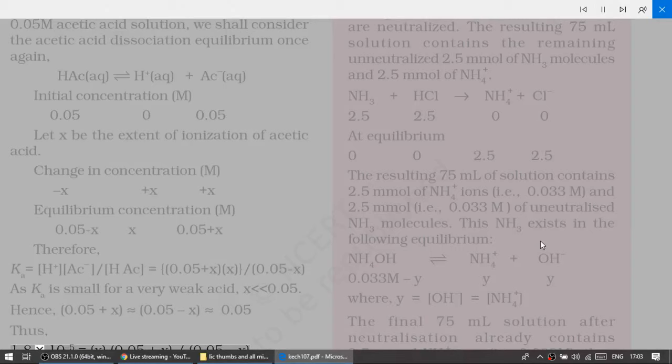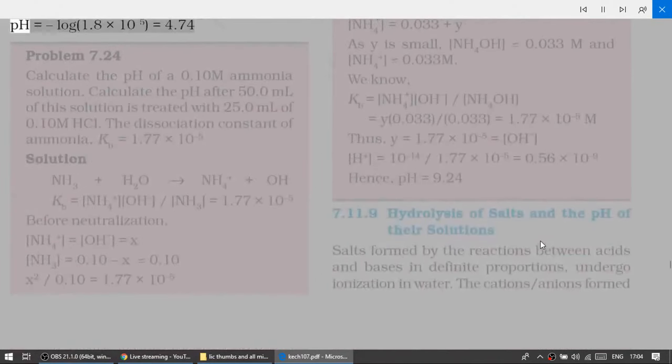Thus, 1.8 × 10^-5 = x(0.05)/0.05, so x = [H+] = 1.8 × 10^-5. pH = -log(1.8 × 10^-5) = 4.74.